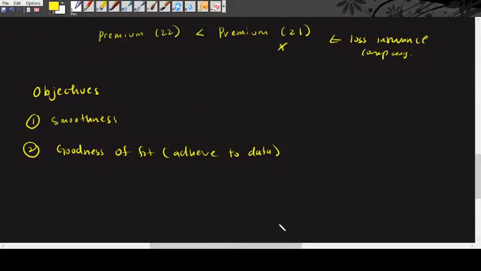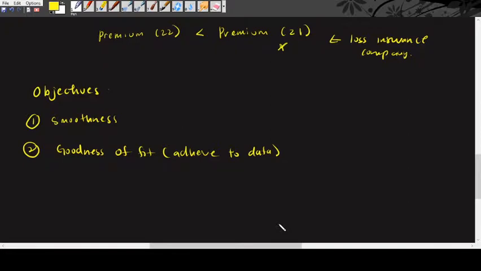When we do the process of graduation, the data has to be as close as possible to the actual data. This is actually very difficult to maintain, because whenever you have data that fits the real data, it is difficult for you to get smoothness. There is always a trade-off between smoothness and goodness of fit. So to ensure that we have the best of both worlds, we have to maintain the balance between smoothness and goodness of fit.